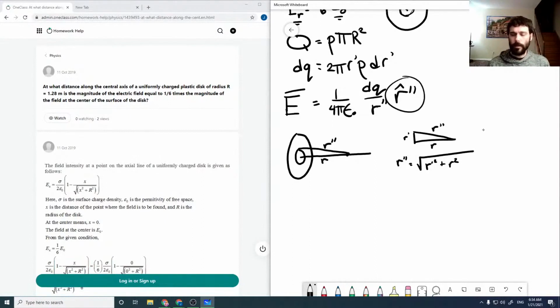So now the vector quantity here. If we're looking for just the radial component, then our r hat double prime is going to equal our r double prime vector over our magnitude.